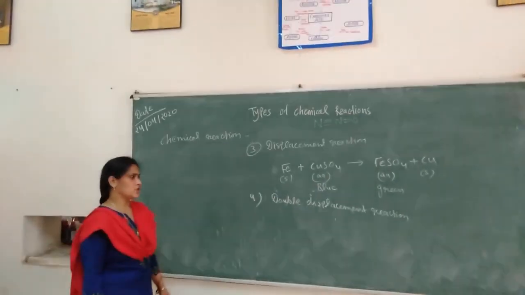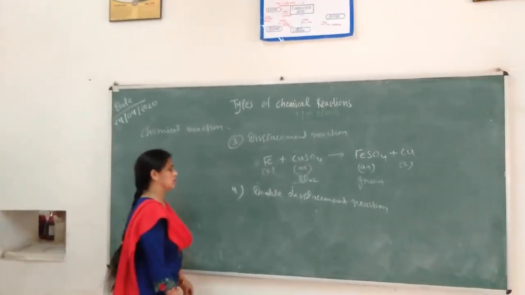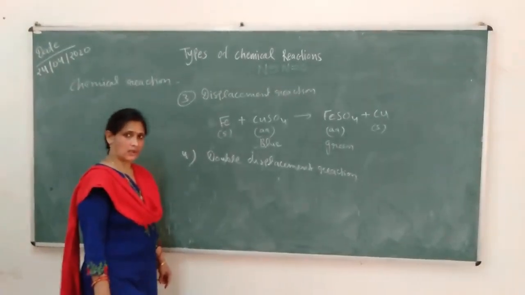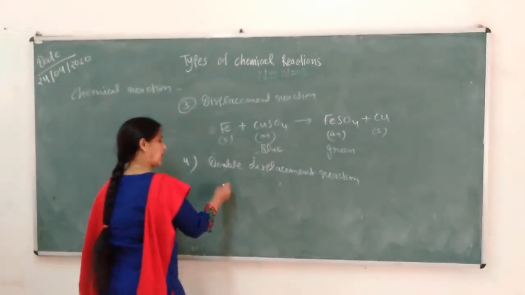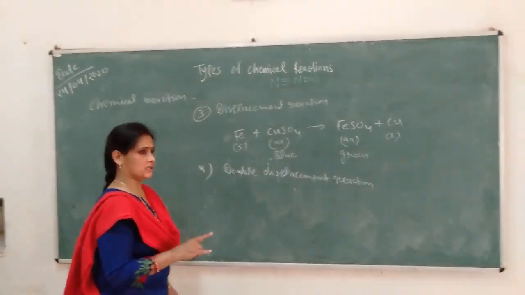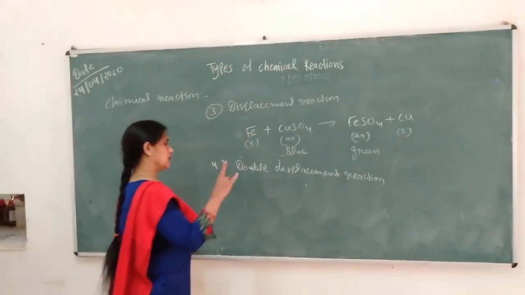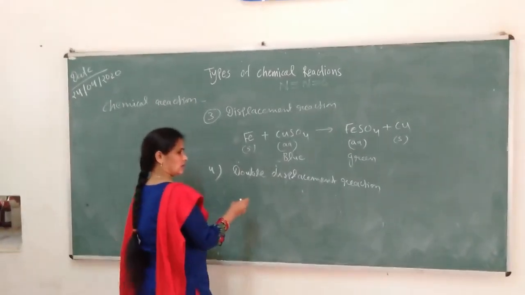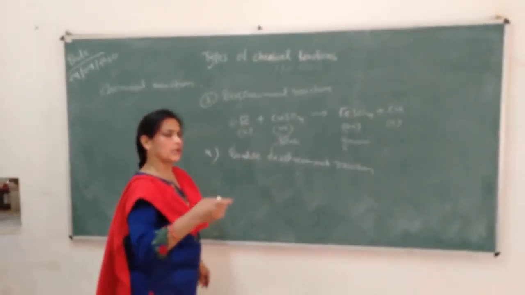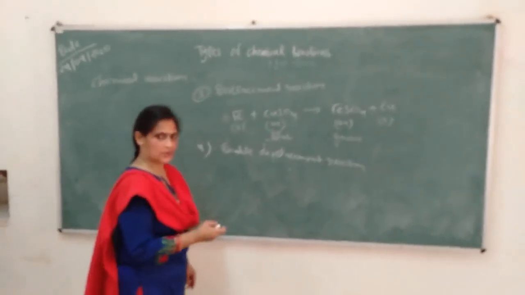In this type of reaction, exchange of ions takes place. It means two reactants having ions, when they react with each other, by exchange of ions, convert into new substances.